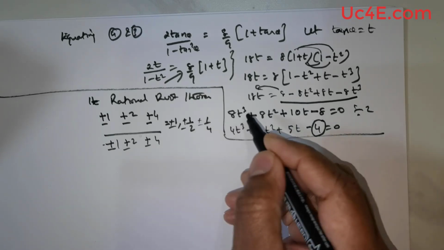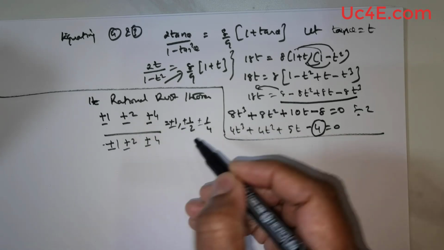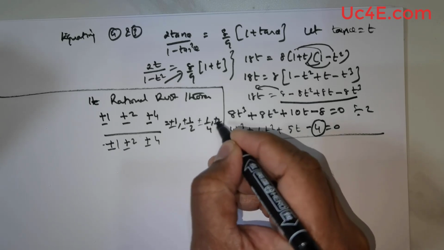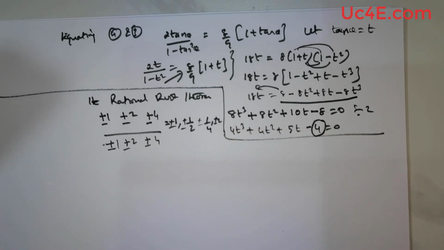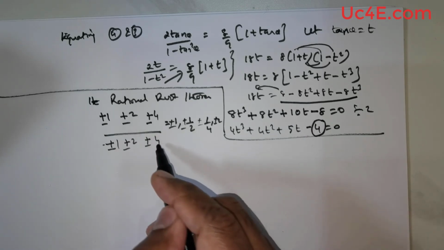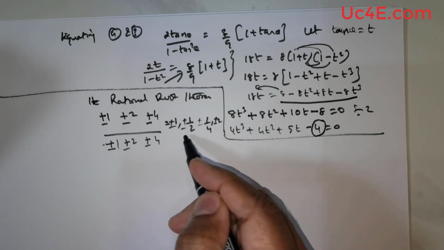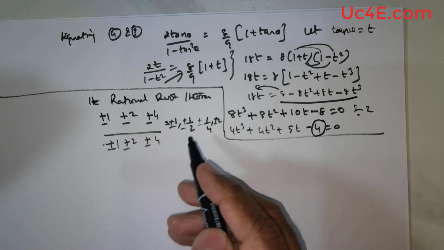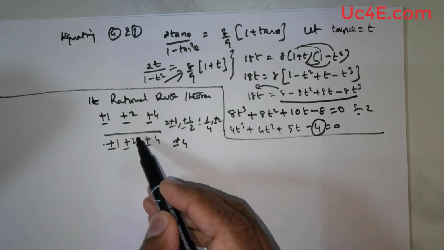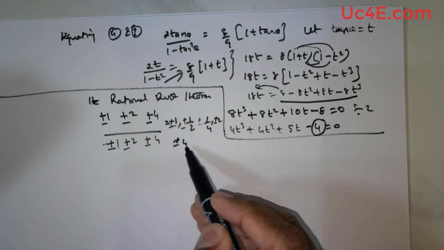So plus or minus. Now similarly, 2 divided by 1, do we have 2 divided by 1? No. So plus or minus 2 divided by 1 is the same as 2. And then 2 divided by 2 is there, that's nothing but plus or minus 1. 2 divided by 4, that's there, plus or minus 1 over 2. Similarly, 4 divided by 1 is not there, so plus or minus 4 you need to place. 4 divided by 2 is 2, plus or minus 2 is there. 4 divided by 4 is 1.